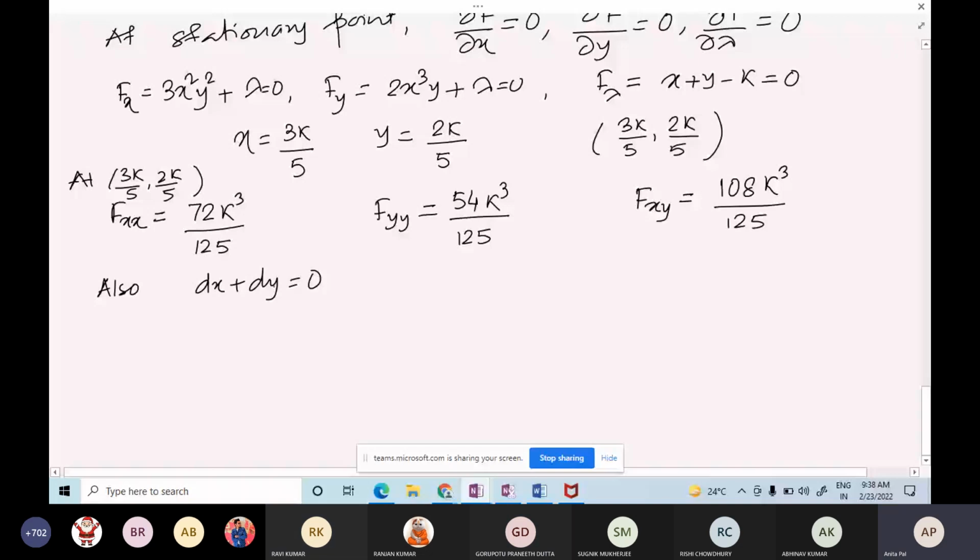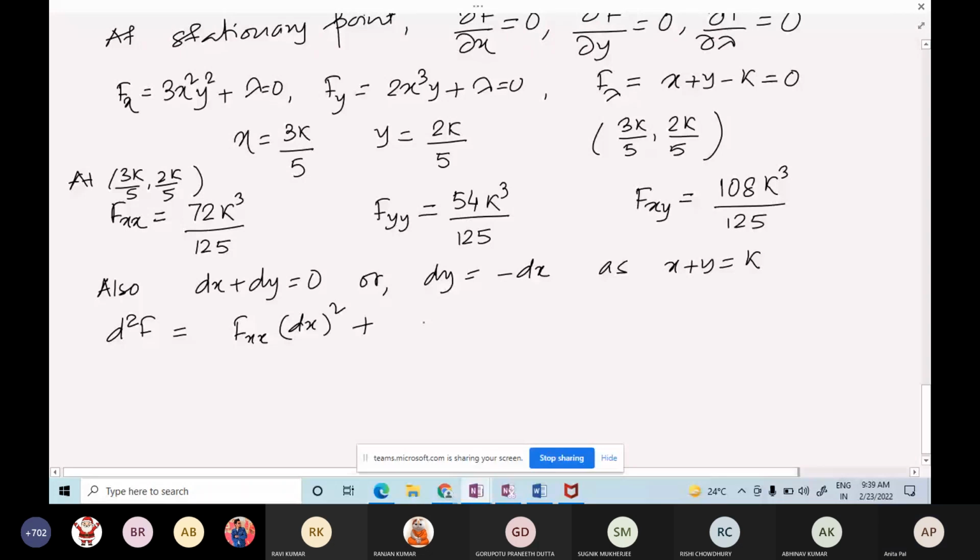Now we'll apply d2f is equal to fxx dx square plus 2 fxy dx dy plus fyy dy square.